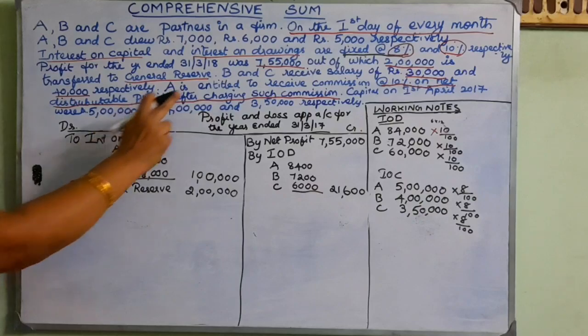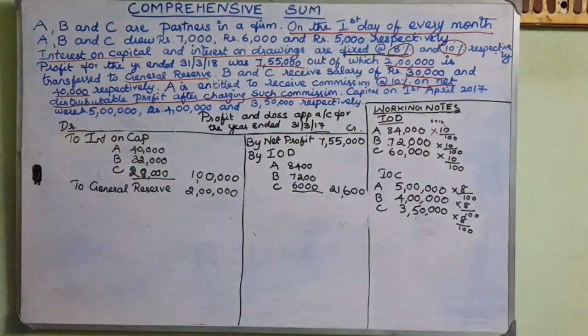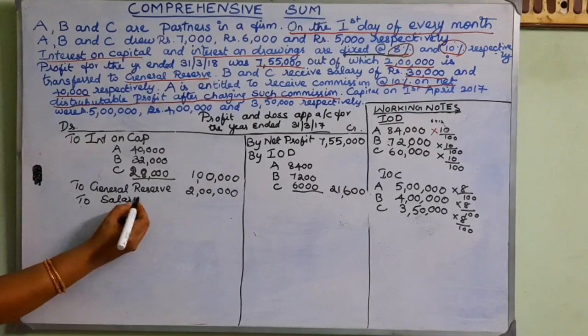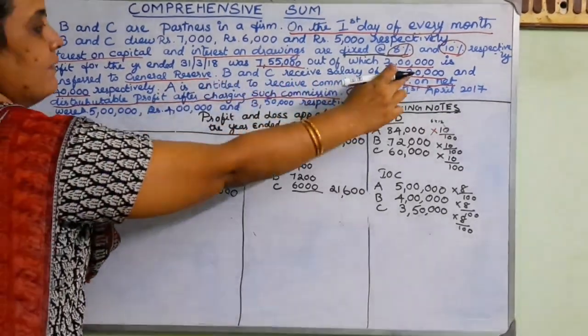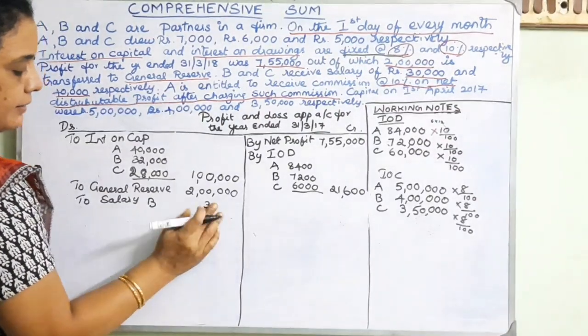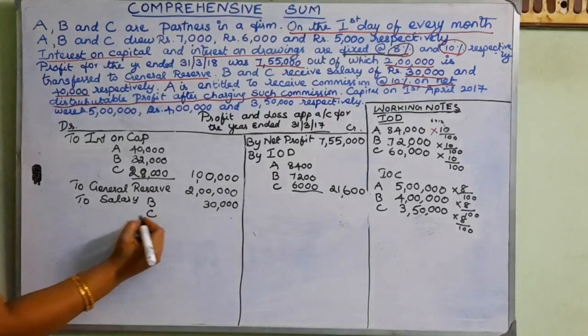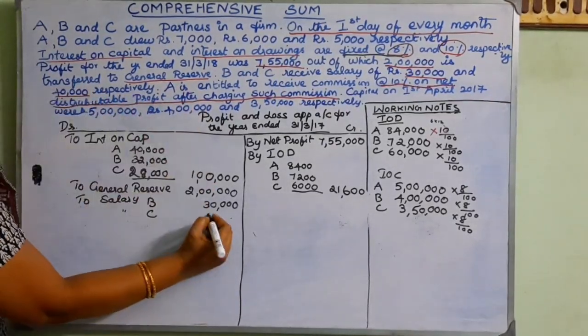Now he says B and C will receive a salary of 30,000 and 40,000 respectively. So, salary for B: he is going to receive 30,000 as salary, and C's salary will be 40,000.